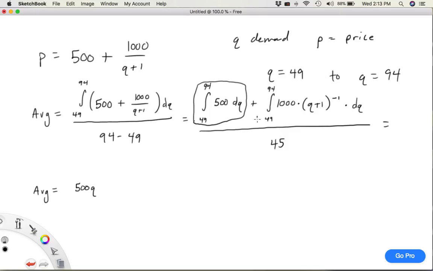Okay, now the second piece requires a U substitution, and it's a pretty simple one. So U should just be equal to Q plus 1. That means du is equivalent to dq.